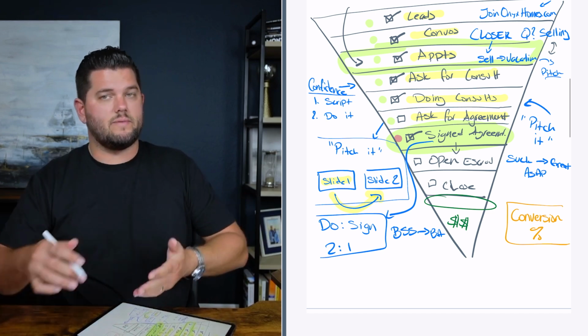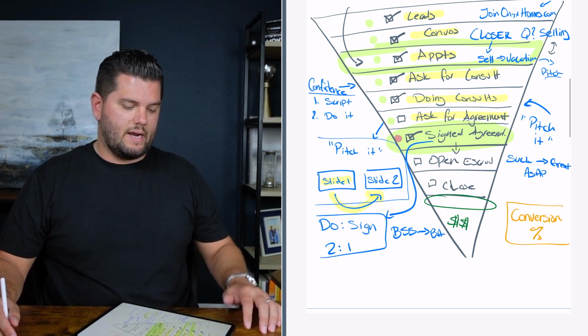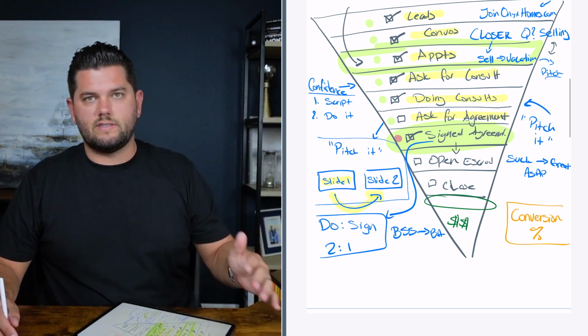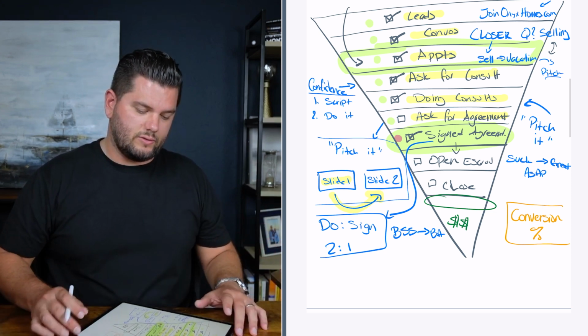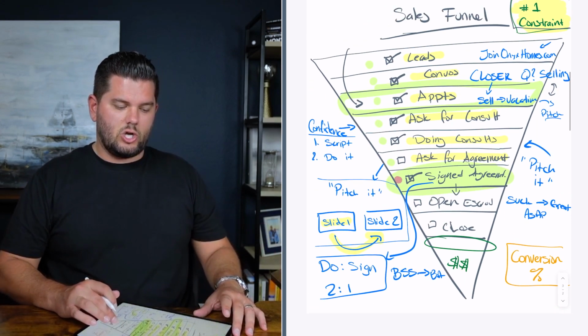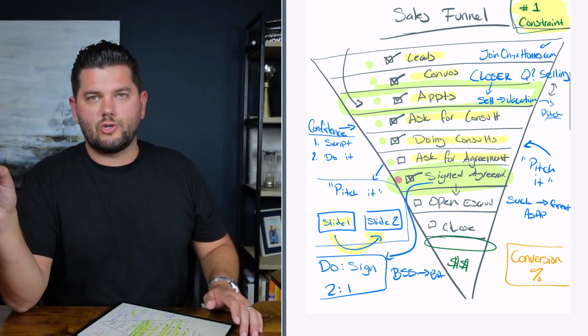If I am setting appointments, everything else is going great. I'm generating enough leads, but I'm not taking those leads into appointments enough. And this is how you can use this different look at a sales funnel with your number one constraint so that you can increase your conversion over time.